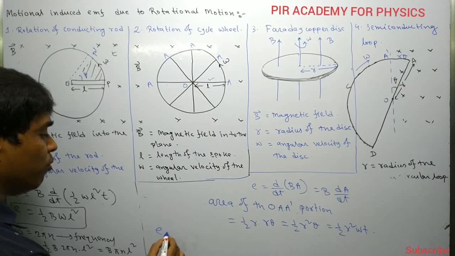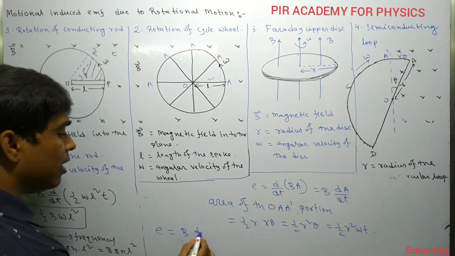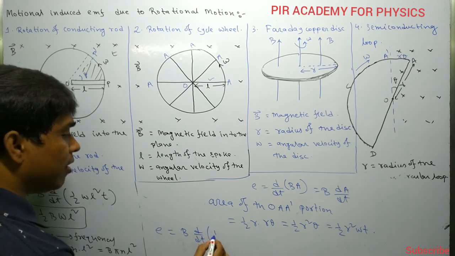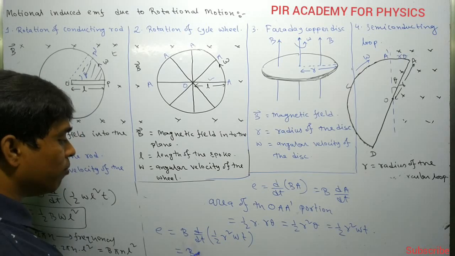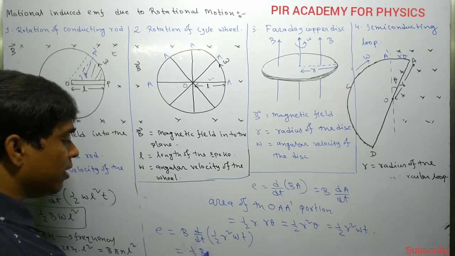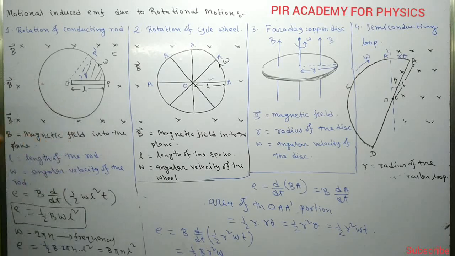That means E will be B d/dt of A, where A is half R square omega t, so E equals B into half R square omega. The total induced EMF by this loop is half B R square omega.